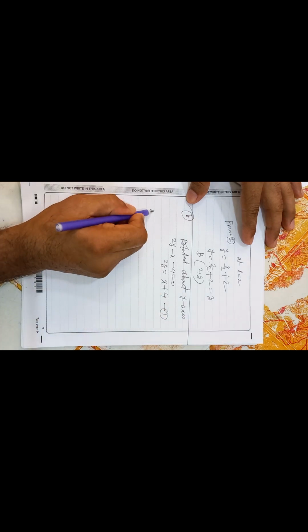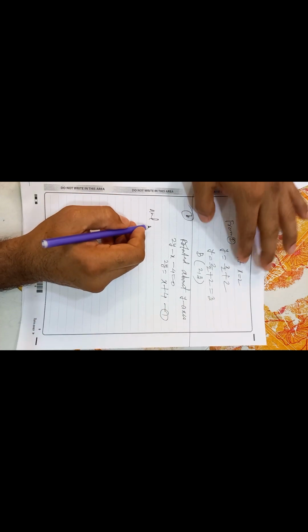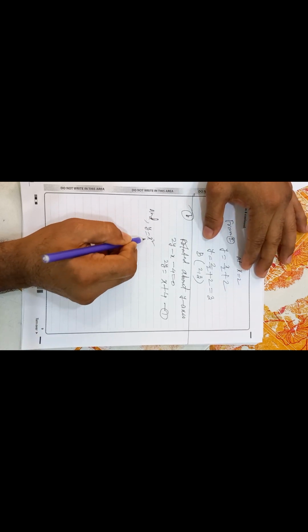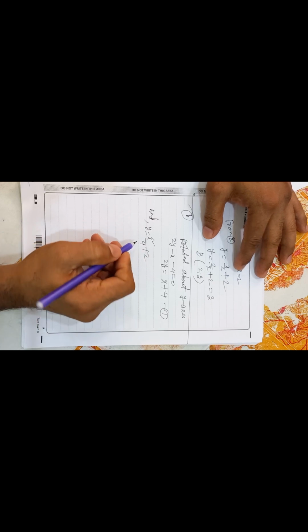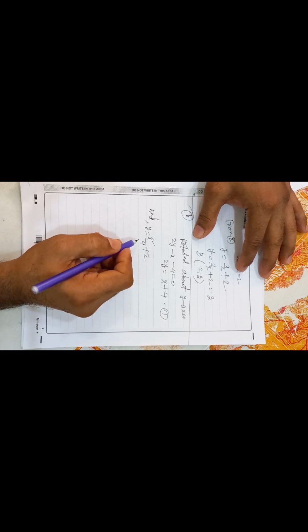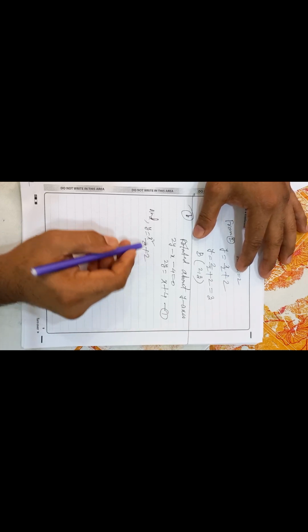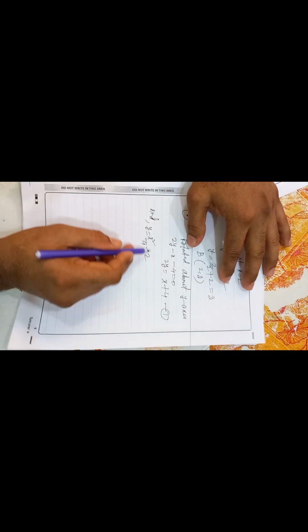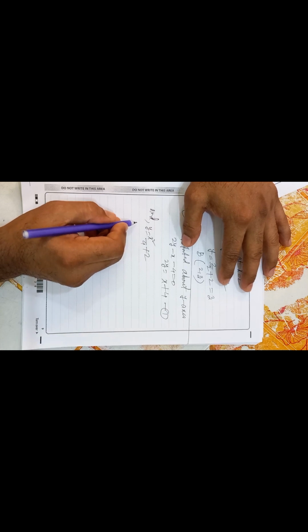No, and another one, that is y equal to x square over 4 plus 2. So here 2y equal to x plus 4. Now this is 2y. If you multiply all by 2, then you will get 2y.